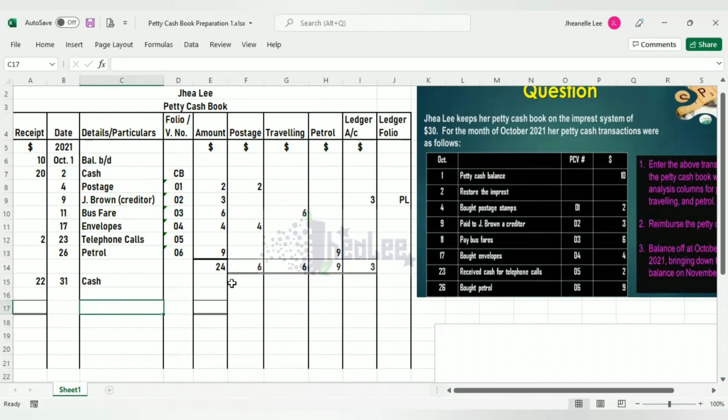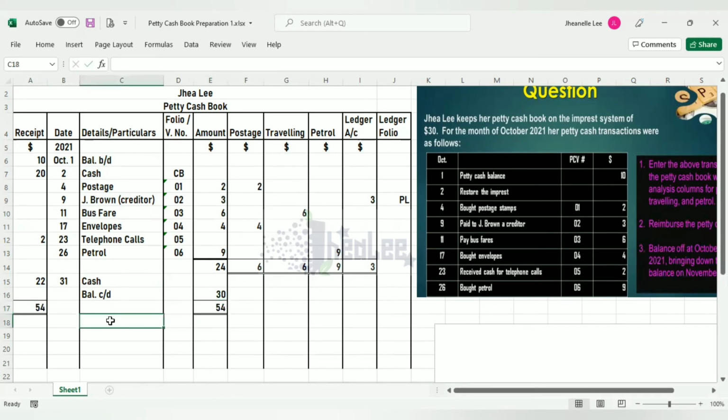And if our credit side is saying $24, it means that what we need to balance off the petty cash book, which we're going to enter as our balance carried down, is $30. And we're entering this on the credit side under the amount column because remember, this is the side that is short. And our totals now are $54 for each side.